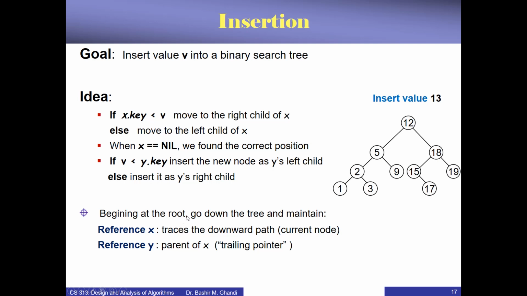We're going to use two references, x to reference the current node and y to be the parent, because when we find an x that is null, then we're going to create a child for the parent y to contain our new key. That's why we need the two references. So y is like a trailing pointer behind x. Y is the parent of x.